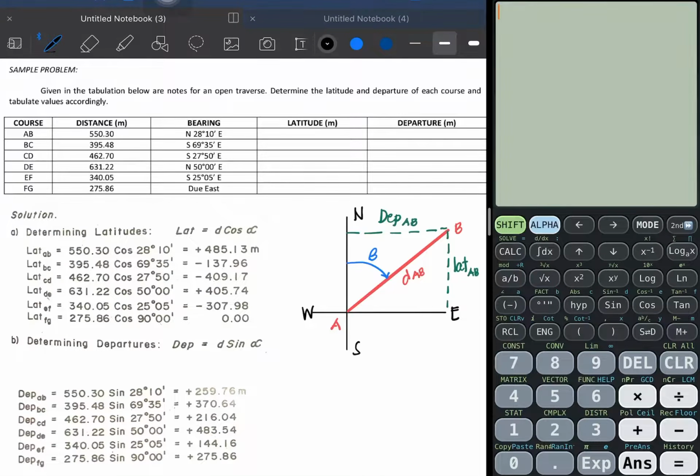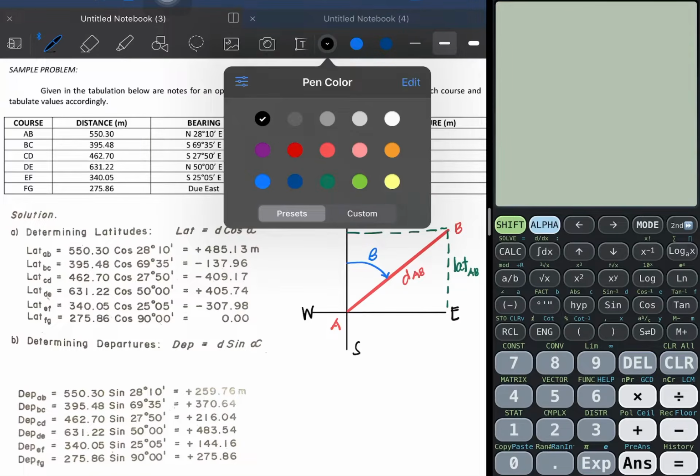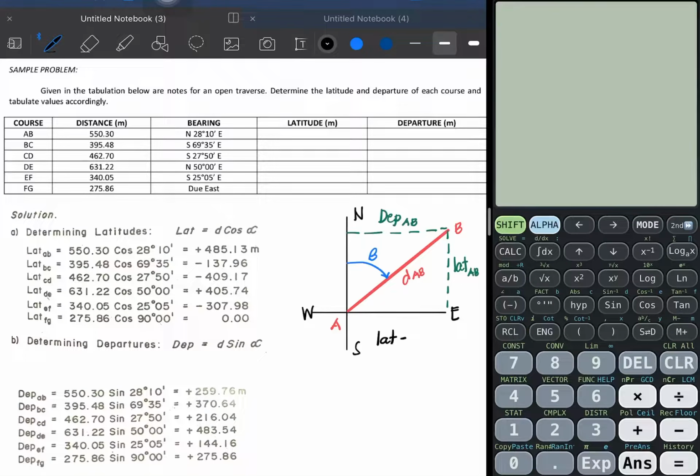To solve for the latitude and departure, we have this right angle, so we can use the opposite and the adjacent sides. Latitude is equal to the distance times the cosine of the bearing or beta angle.